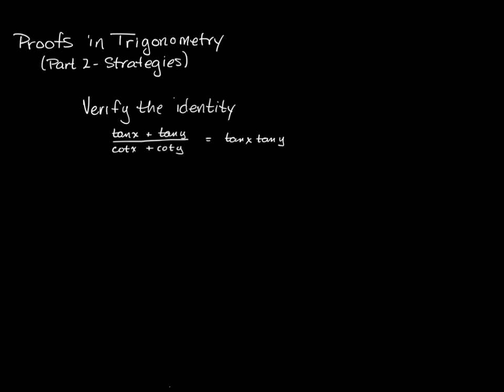We are being asked to verify this identity, so as with all of our other problems so far, we're going to start with either the left-hand side or the right-hand side. Because it's more complex looking, I'm going to start with the left-hand side. That gives me more to play with. The left-hand side is tangent of x plus tangent of y over cotangent of x plus cotangent of y.